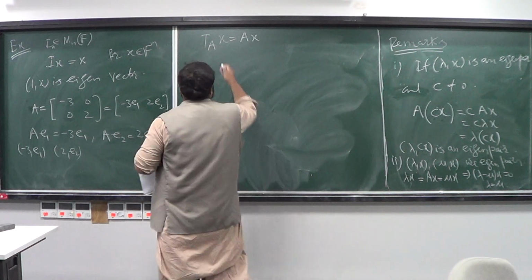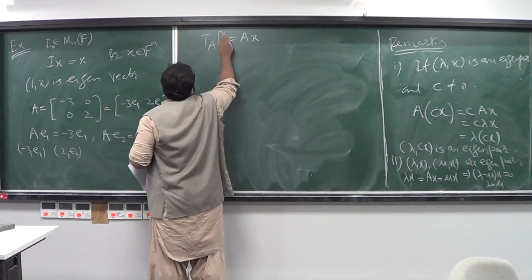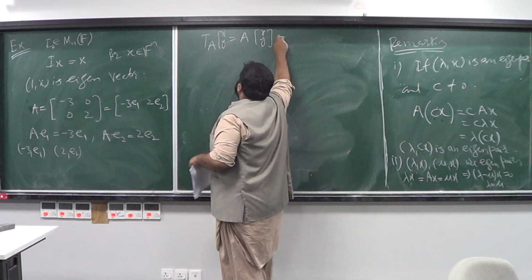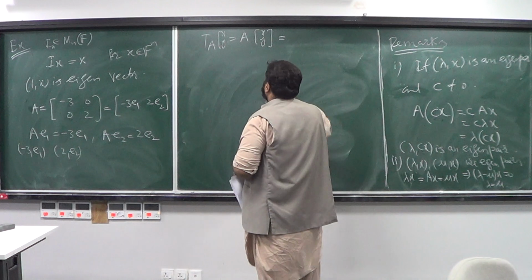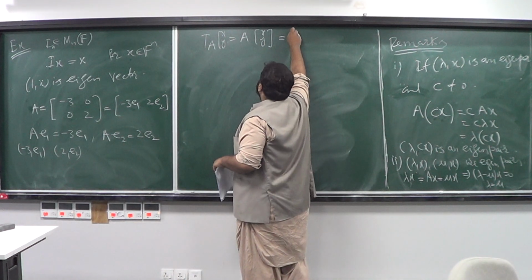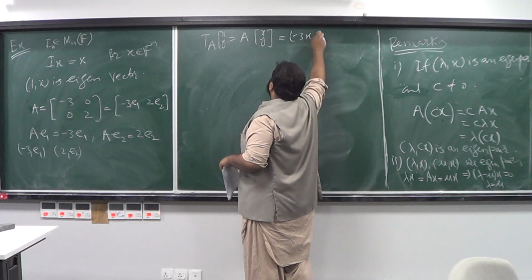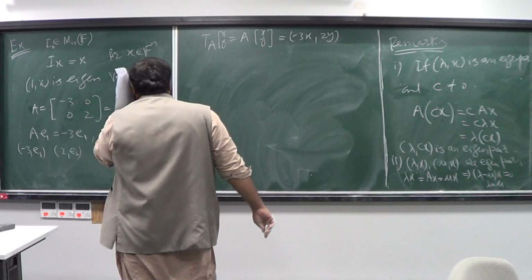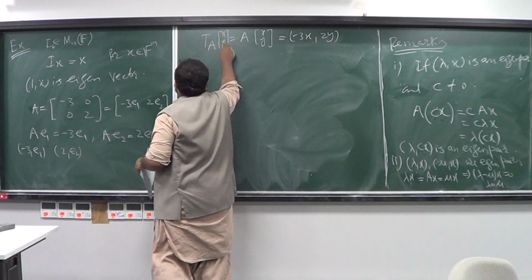So if x is (x, y), then A(x, y) is going to be -3, 0 and 0, 2 multiplied by this, so it's going to be (-3x, 2y). This is the linear transformation corresponding to the matrix A.